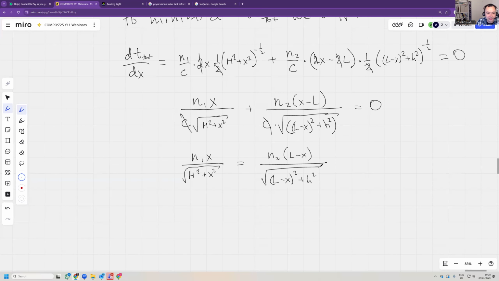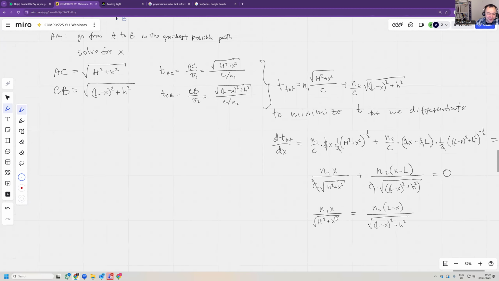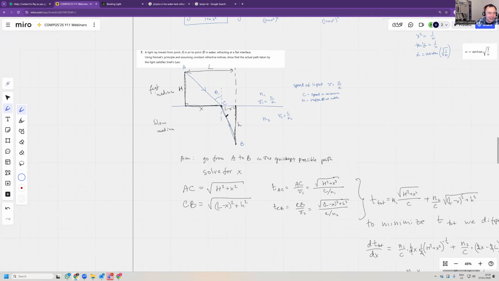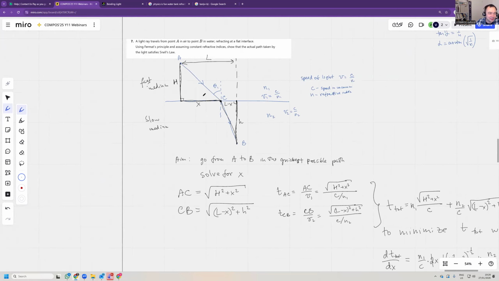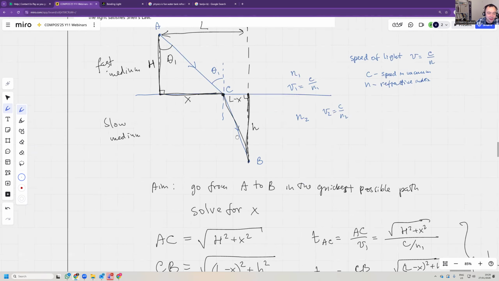Oh, I think I've outdone myself, because actually I don't need to go any further. If I go back and look at this triangle, this angle is theta 1, and this is the hypotenuse.